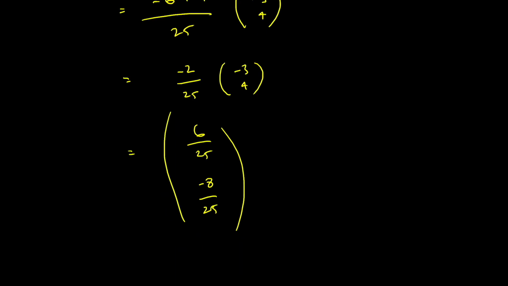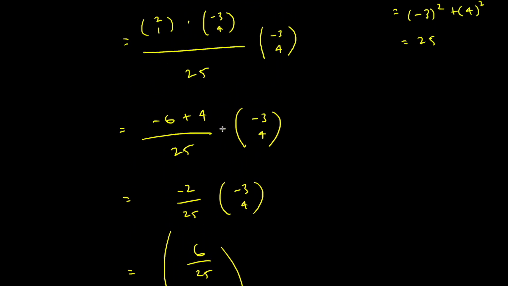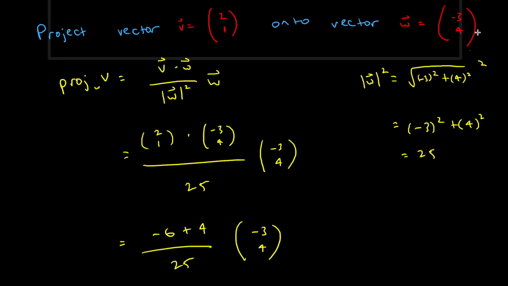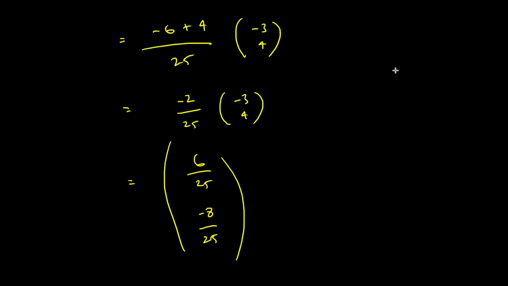Know that the ratio between this resultant vector v prime and w, which is negative 3, 4, should be the same. So I'll just write w over here. W is negative 3, 4, meaning the ratio of the components is just negative 3 fourths. And then let's check that over here. Is that true?